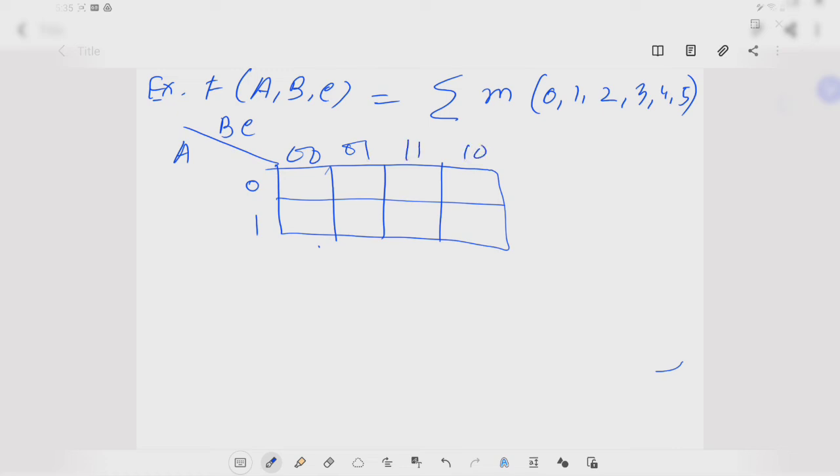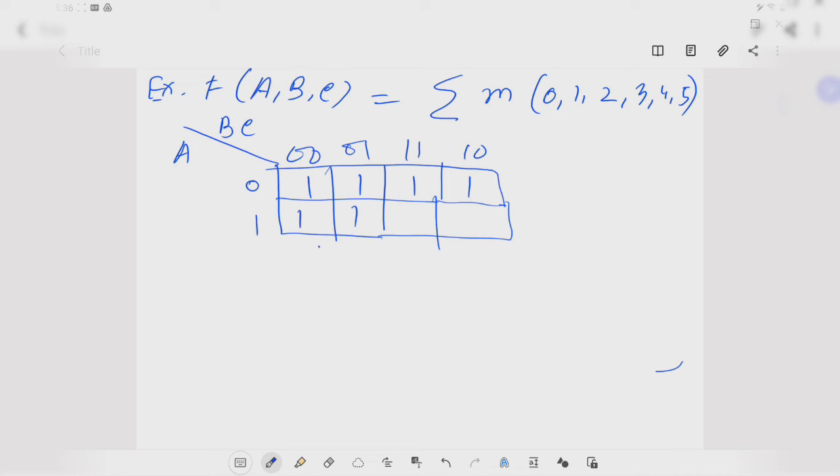So now which minterms do we have? 0, 1, 2, 3, 4, 5. And for the 2 more minterms, these are 0. When it is 0, we usually don't put it. If something is blank, then it means that it's 0.